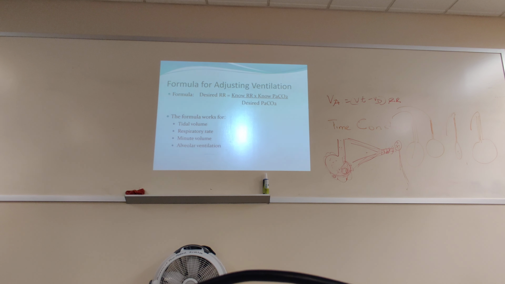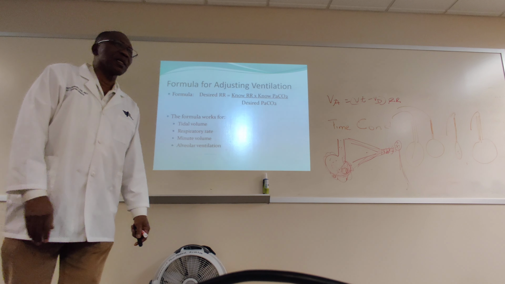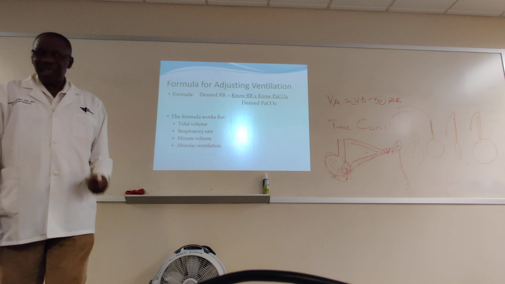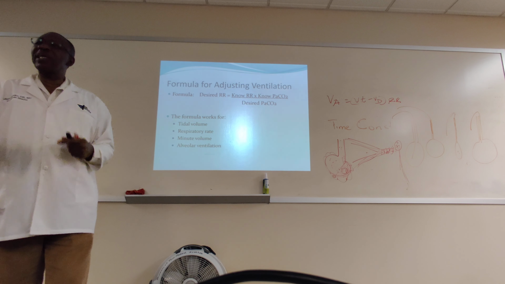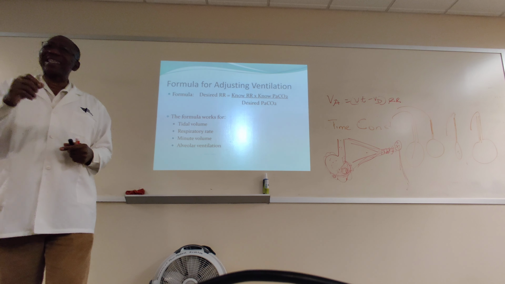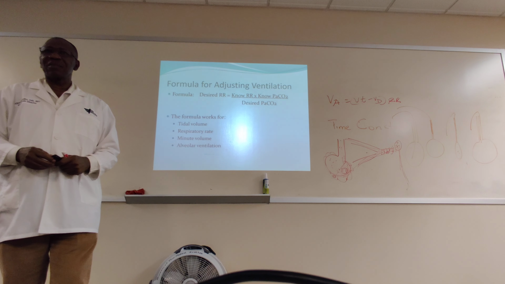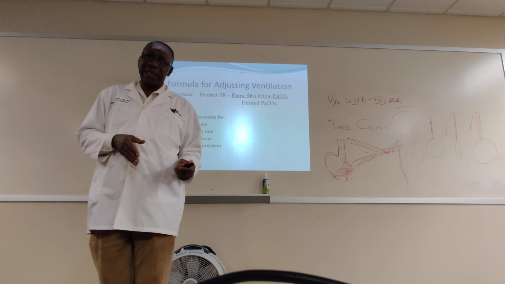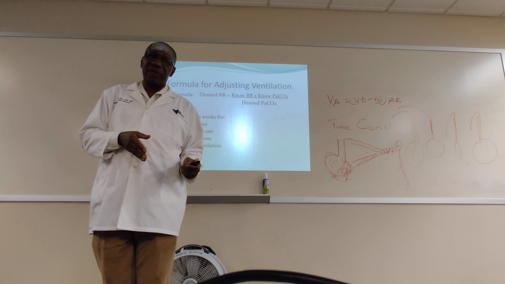They never do that at the hospital. But the thing though is, if I started with a tidal volume of 400, and now the patient's CO2 is still 60, how do I know what to increase it to bring it down to 40? Because I can go, well, let me try 500, from 400 to 500.